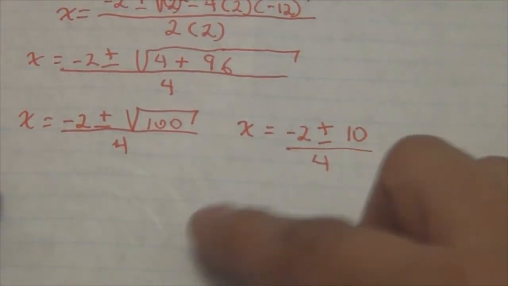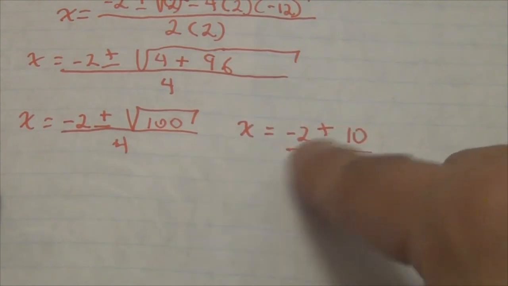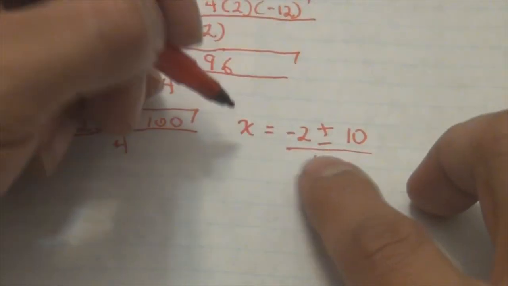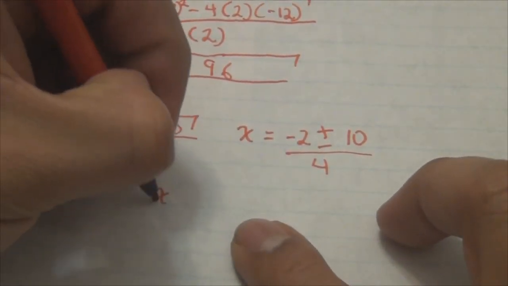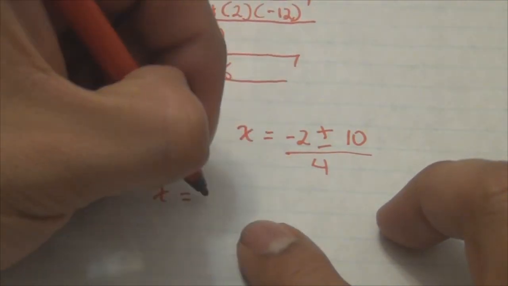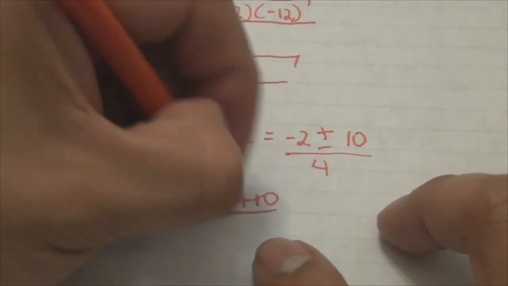So I'm going to split it. The next time I'm not going to split it, I'm just going to do the calculation. So this is the same thing as x equals negative 2 plus 10 over 4, and x equals negative 2 minus 10 over 4.